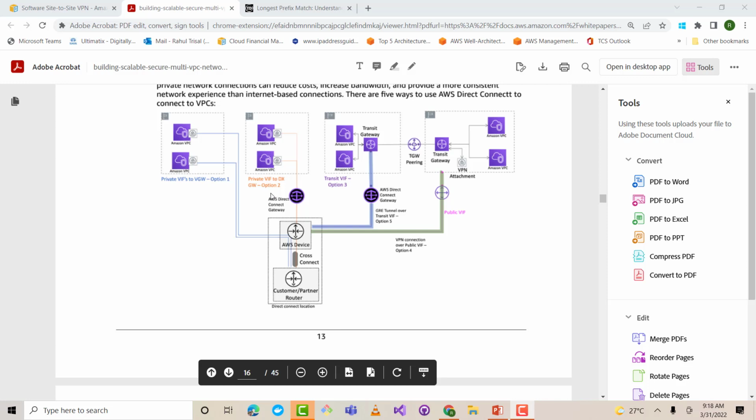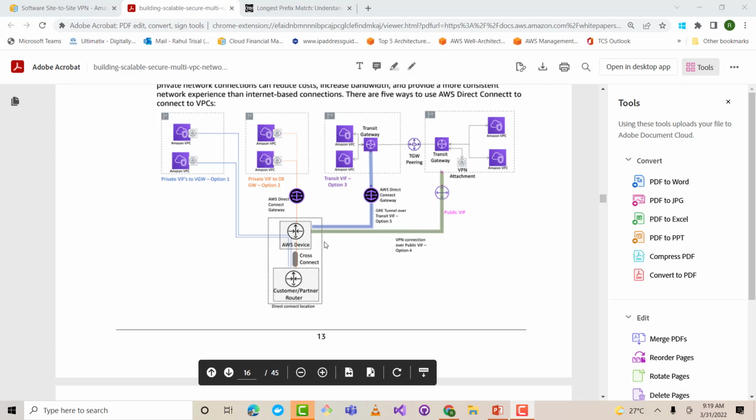So this is a good solution. It is also across regions, but the only limitation is that you cannot have more than 10 VPCs connected to your data center. So while it is across regions, there's a limit on how many VPCs you can connect. Again, that's a limitation because most large organizations would have 50s and hundreds of VPCs.